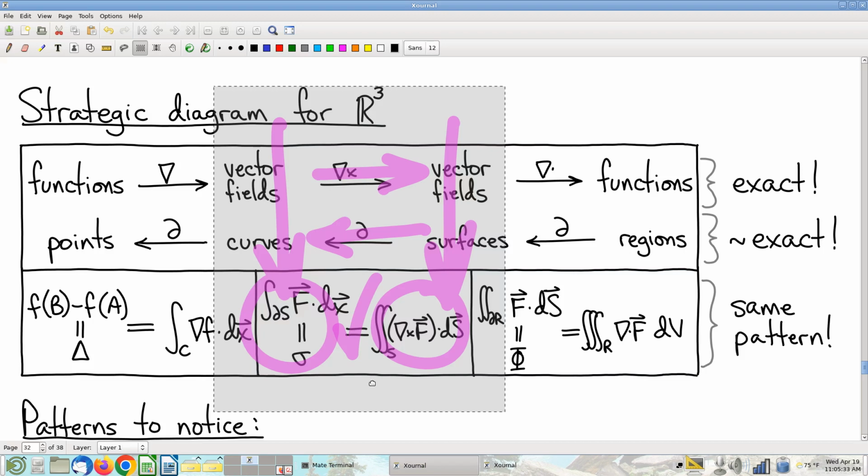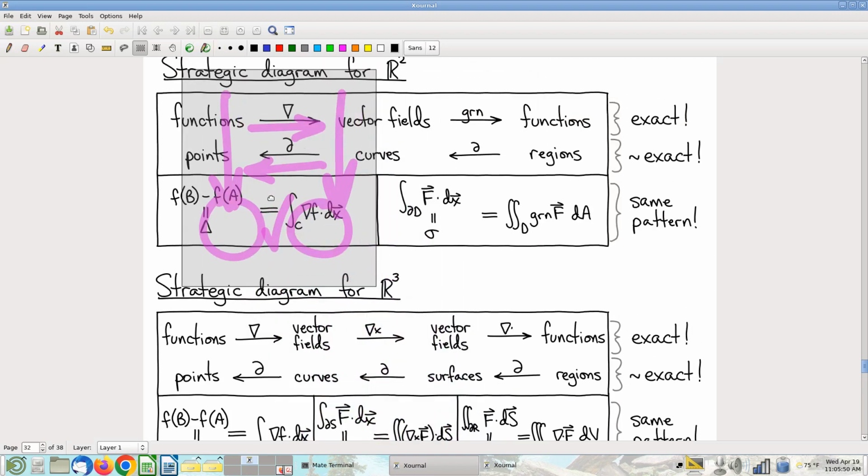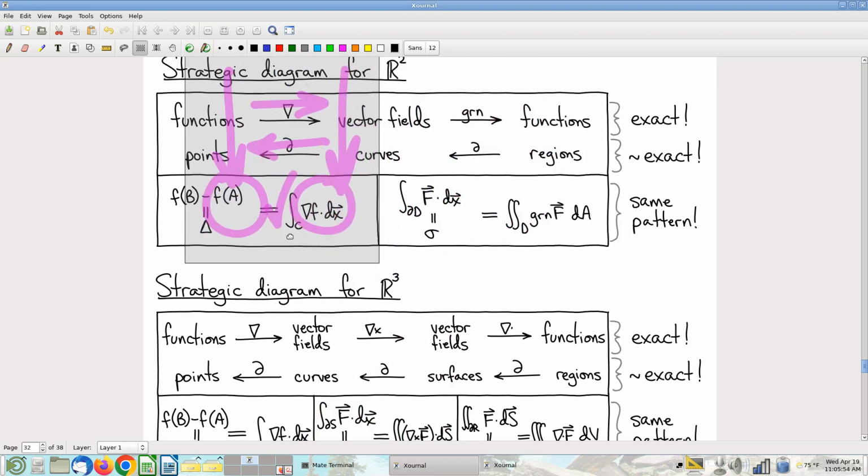Yeah, okay, sure, you could. But instead, think of it as one pattern that replicates 3 times on this diagram. It replicates arguably 5 different times, because it's the same pattern as for Green's theorem and the 2D line integral theorem as well.